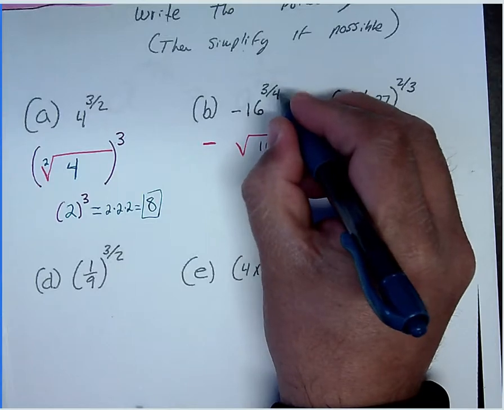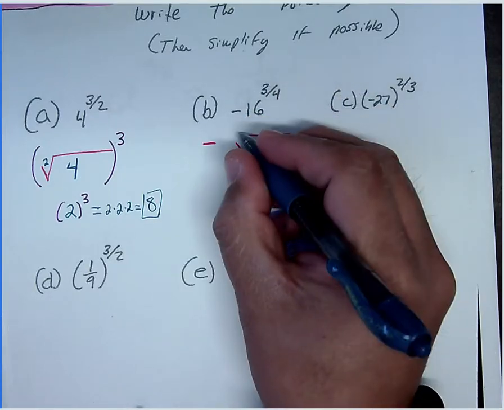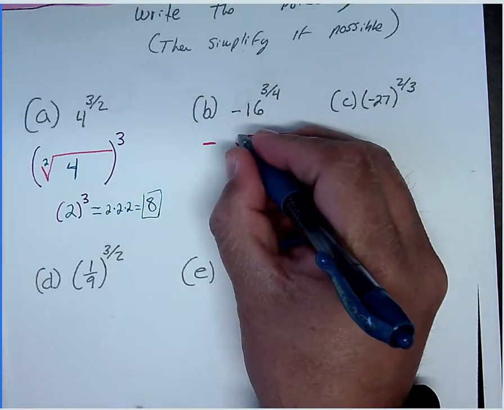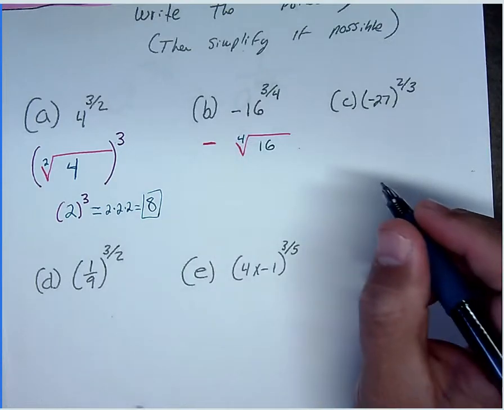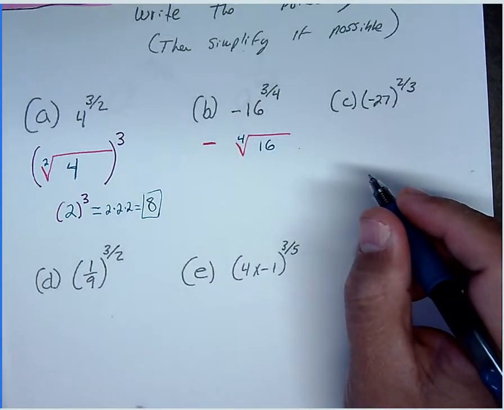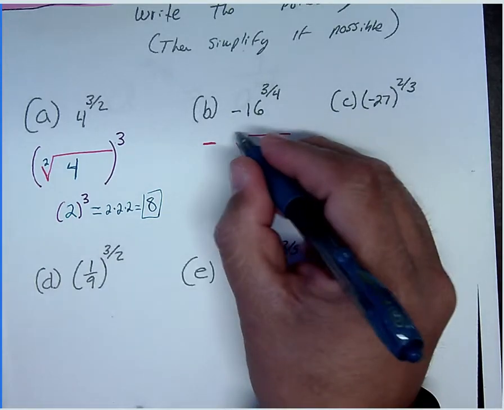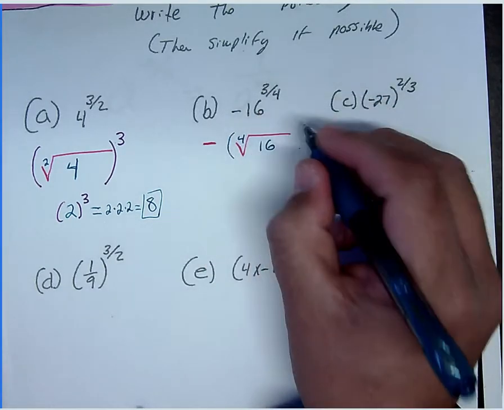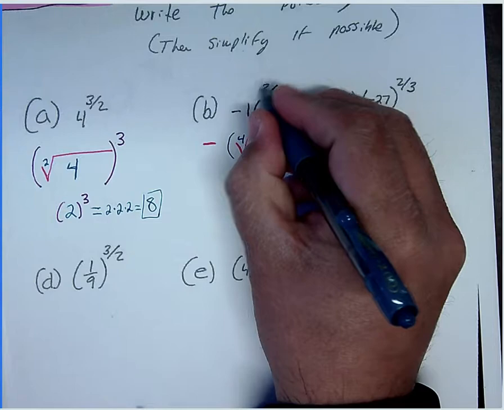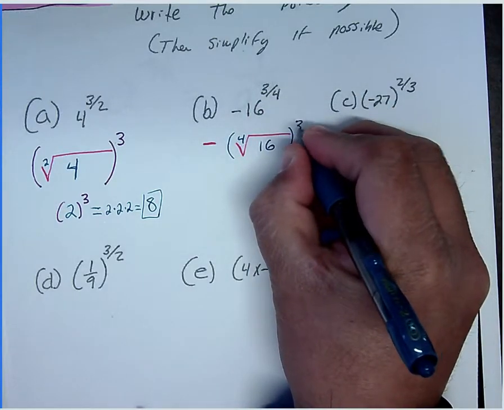The denominator of this rational exponent is the index, which is 4, and then here, this is where you put the parentheses because we have that 3. So that 3 here is the exponent over here outside.